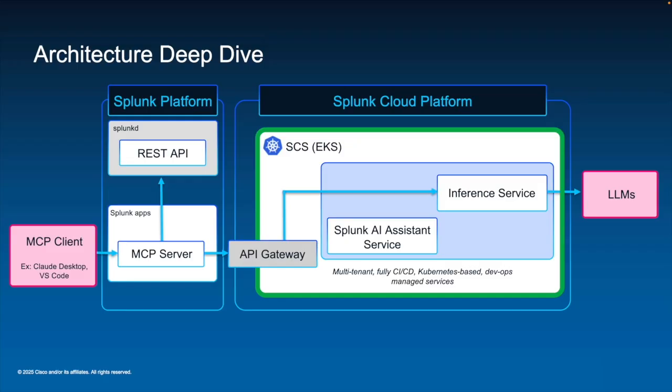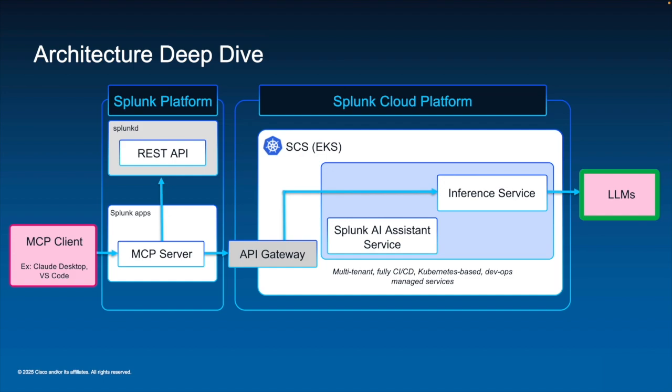When language understanding or deeper analysis is needed, the request flows to the inference service, which interfaces with your large language models, hosted on Cisco AI pods. This is where reasoning happens, summarizing results, identifying patterns, and determining next steps.